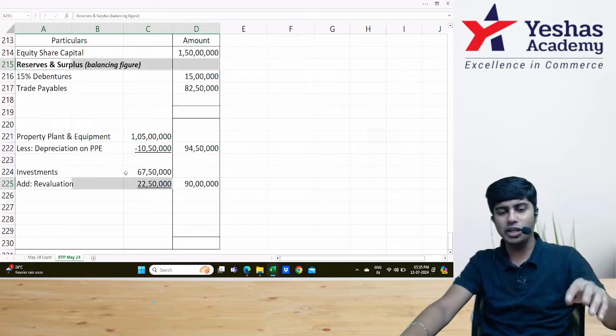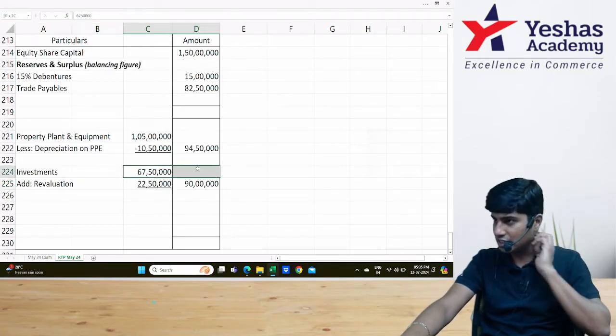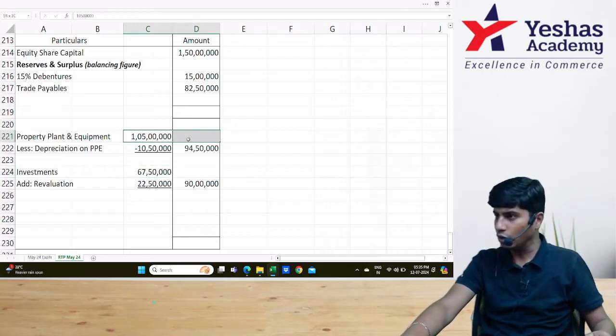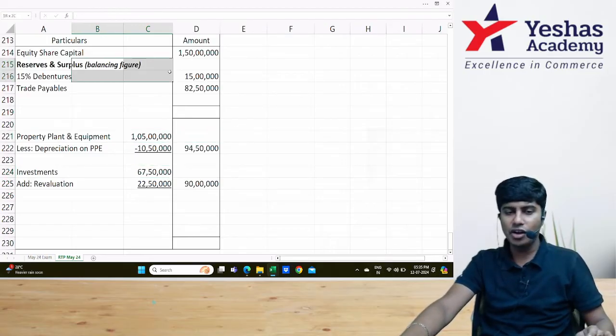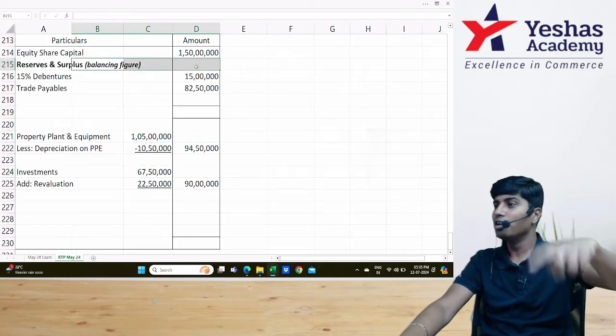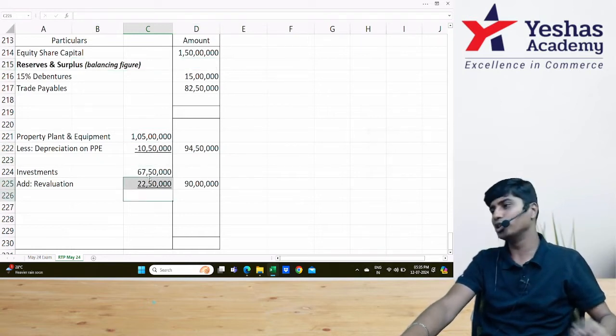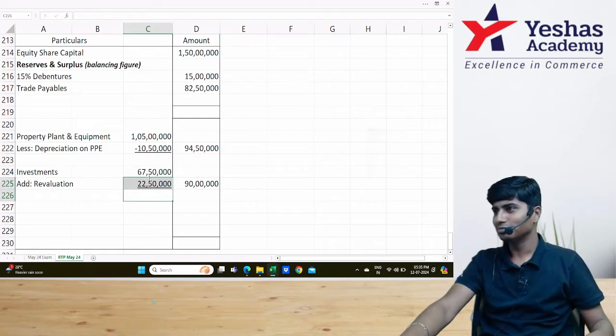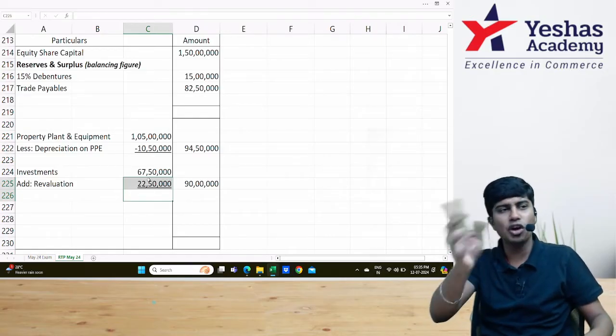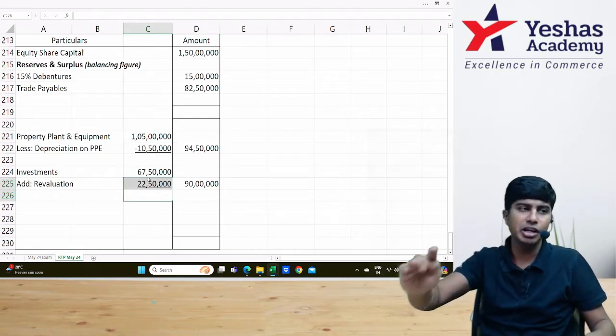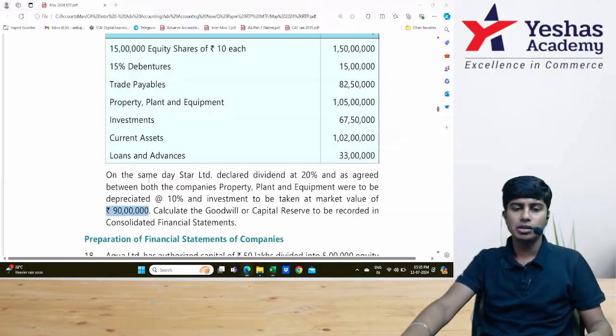If not, I was supposed to take it without this revaluation. If I would have taken 67.50 here, 1 crore 50 here, 1 crore 5 here, I would have got reserves before this adjustment. From that reserve, I was supposed to deduct this depreciation and add this revaluation to find capital reserve. Now it is simple. You will find once and for all the reserve after including every adjustment to investment and PPE.